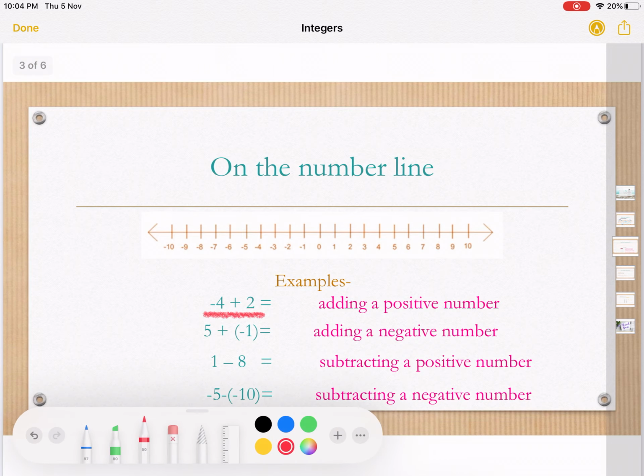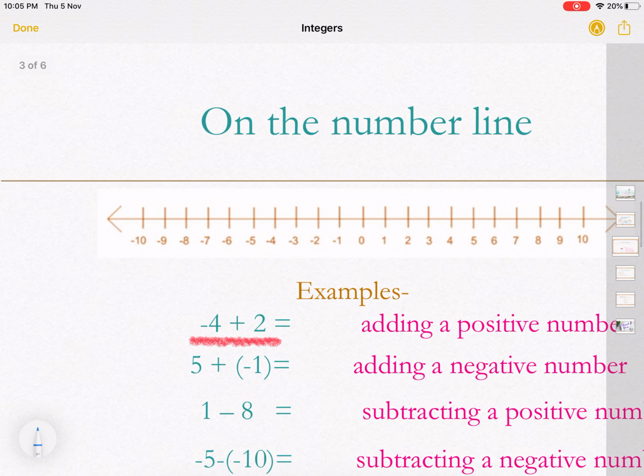So, one thing that you must know about the number line is that when you add a number, you move to the right side. Everyone knows that. Alright, so let's use that to calculate this. We start on -4 and add 2, which means we move 2 to the right side.